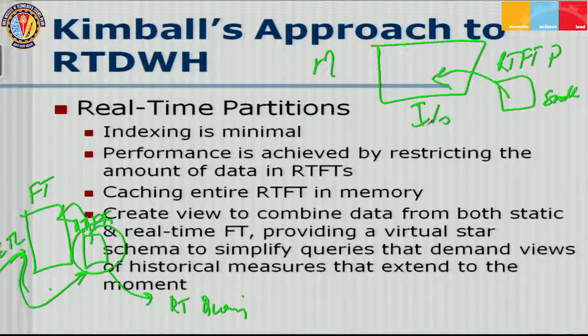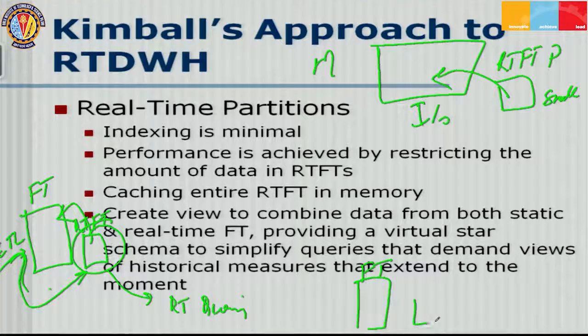And create a view to combine data from both static and real-time fact tables, providing a virtual star schema to simplify queries that demand views of historical measures that extend to the moment. So if you have a query which is trying to look at the real-time data as well as the fact data, we can create a view, which will be virtual anyway.